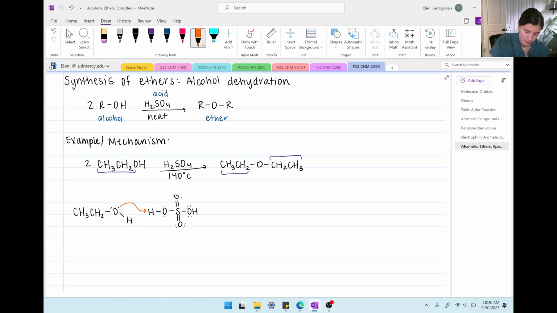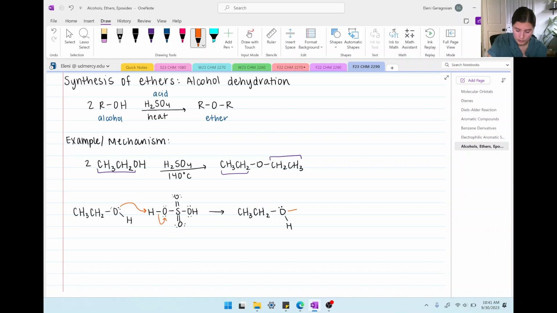It will take a proton from the strong acid, sulfuric acid, and then that oxygen on sulfuric acid will take the electrons from the oxygen-hydrogen bond. So the ethyl part stays the same. We still have the OH from the alcohol. Oxygen still has one set of non-bonding electrons.